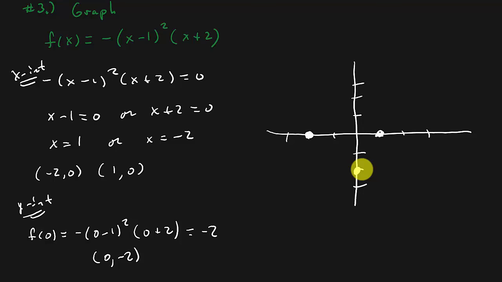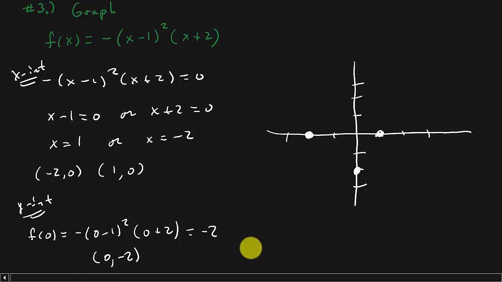So what happens as x, let's see, where can I write that? Let's write it here. As x goes to negative infinity, f of x goes to what? So x is going to negative infinity.